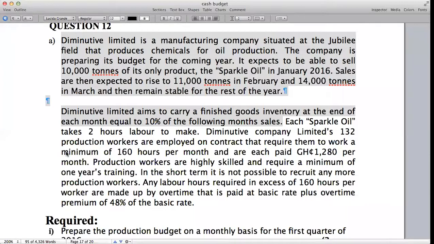That's the sales. Now let's move on. Diminutive Limited aims to carry a finished goods inventory at the end of each month equal to 10% of the following month's sales. That's where the confusion set in.